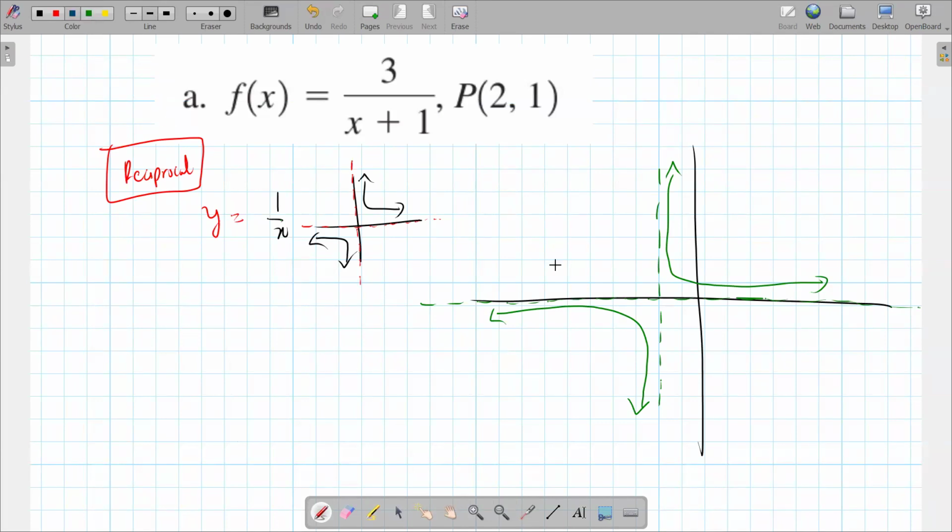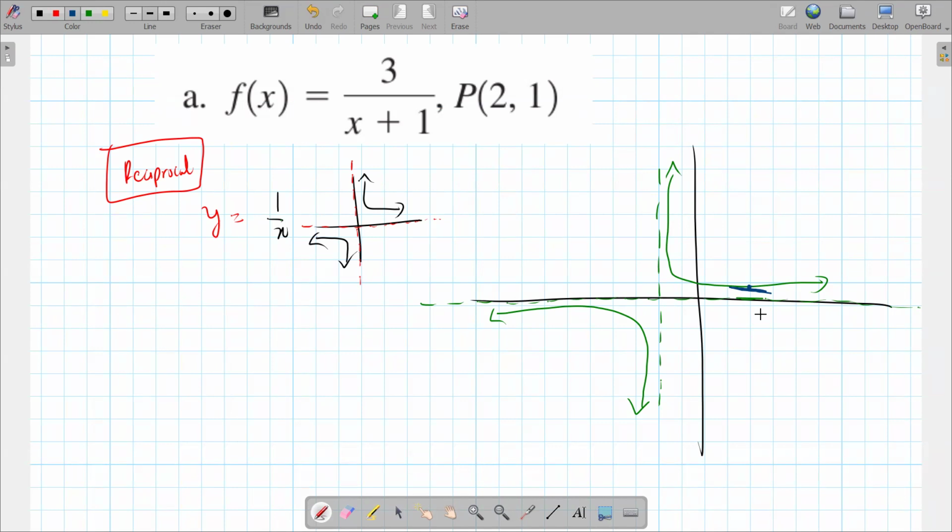At 2, 1, this is your tangent line. It's going to be negative. The question is, what's the exact value of the slope of that tangent line? Is this a polynomial function? No, it's not. What's the name of this function?